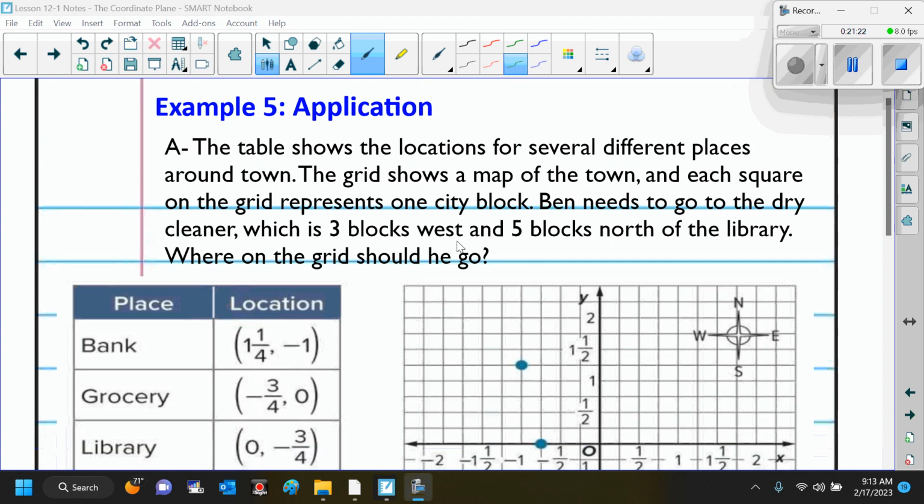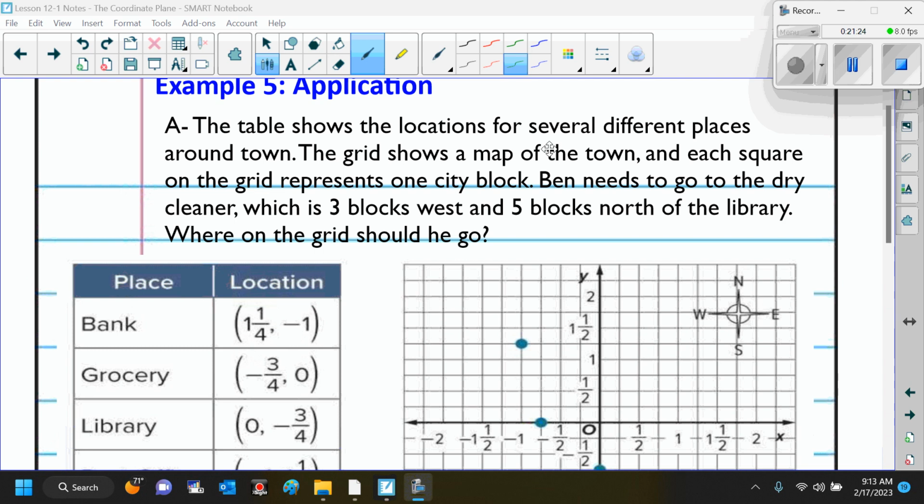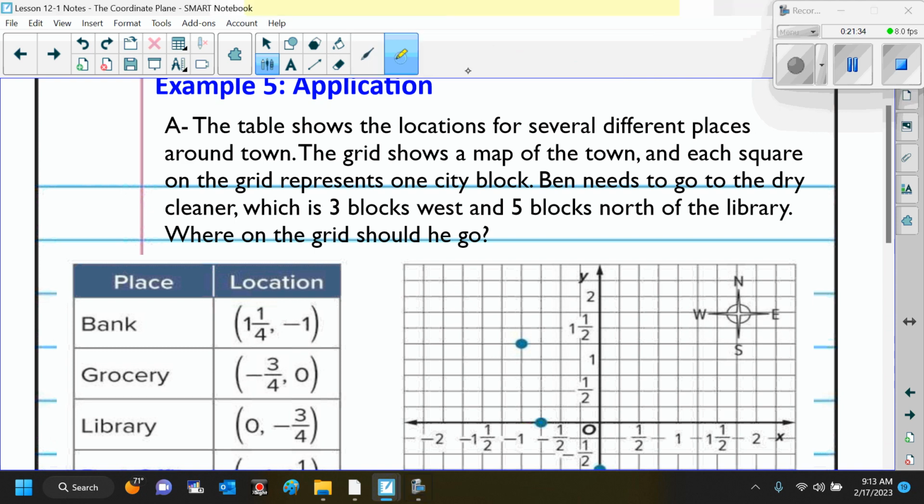All right, so example 5 is an application. It says the table shows the locations for several different places around town. The grid shows the map of the town. Now, each square on the grid represents one city block. Now, Ben needs to go to the dry cleaner.